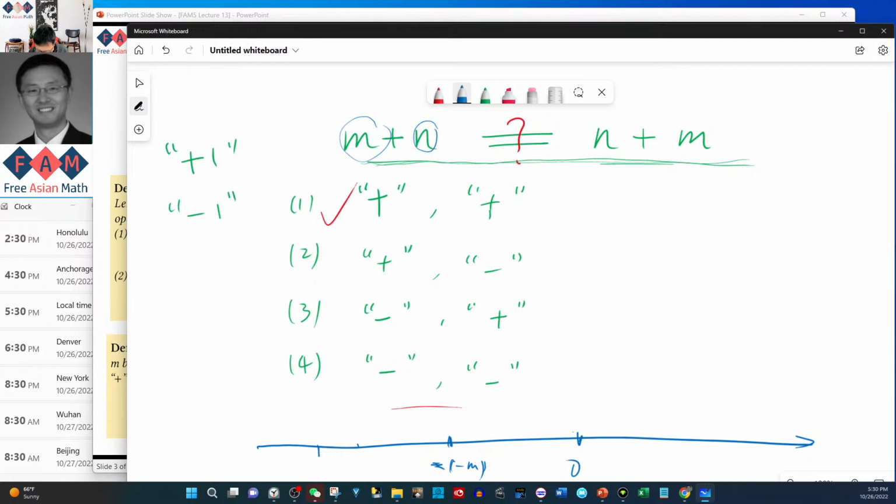So m plus n is really starting from 0, you count down, or decrement, negative m times, followed by another negative n times. Because m and n are both negative, negative m and negative n are positive. Therefore, m plus n is really you decrement by this many times and by this many times.